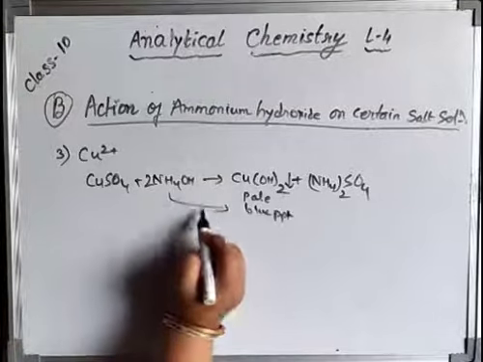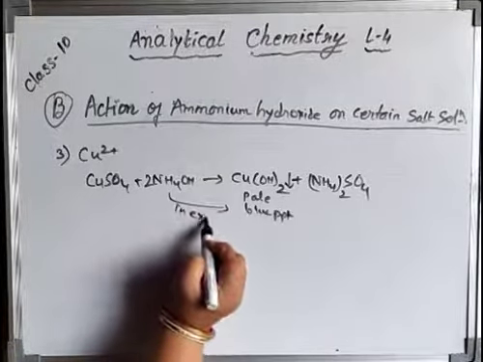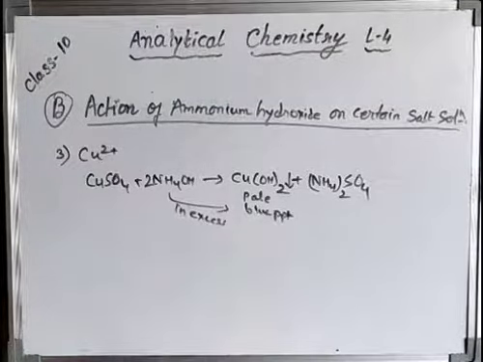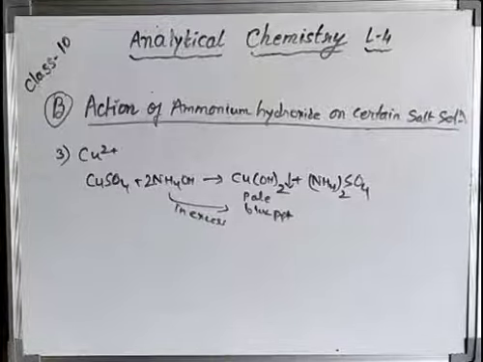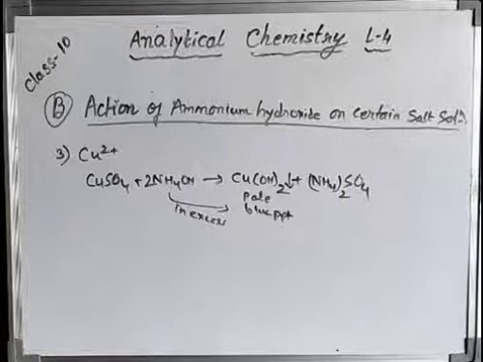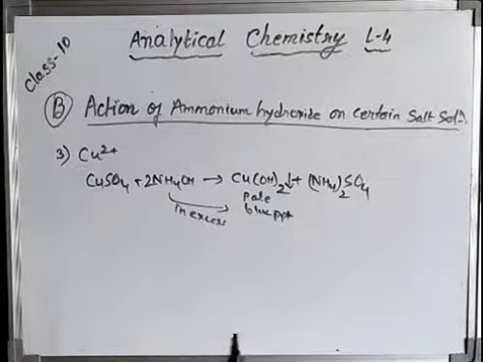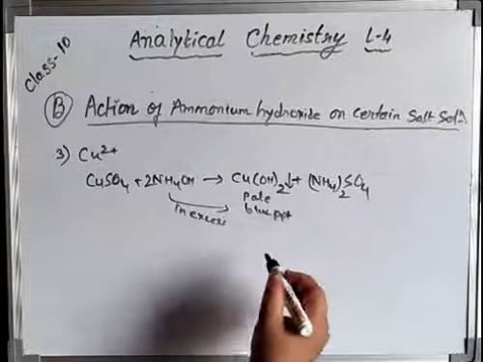Now, when the reagent is given in excess, what will happen to the precipitate? Will the precipitate be there, or will it become soluble? Here, in the case of a little amount, it remains as a precipitate, copper hydroxide.